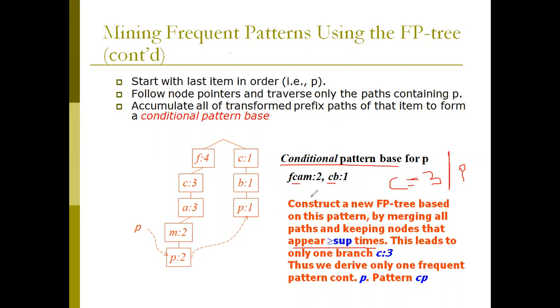The remaining items are rarely a combination with P, but C is the best combination, right? This is for P. Like this, you need to calculate for the remaining items.